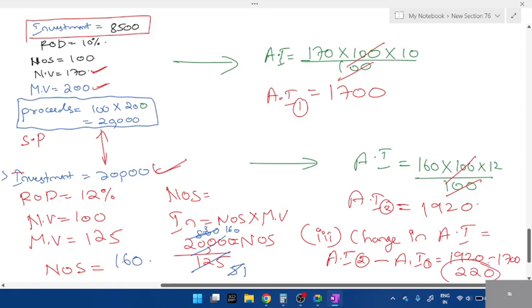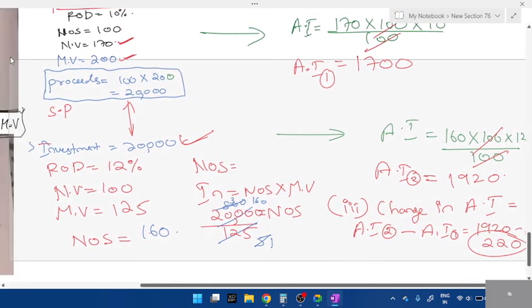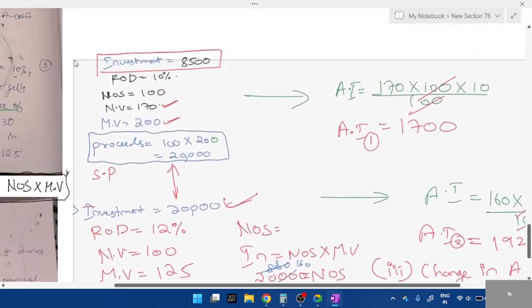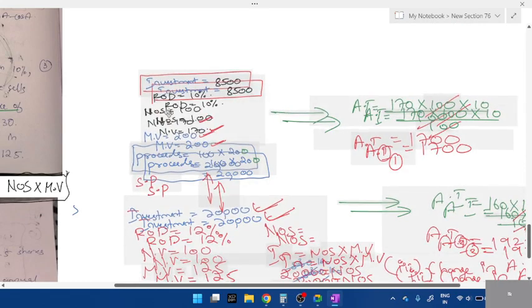Yes. So this is basically two questions put together. This is the maximum difficulty question in shares and dividends, students.